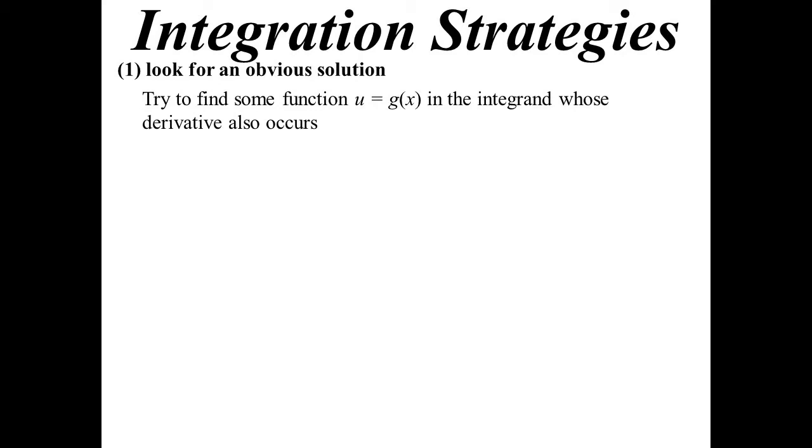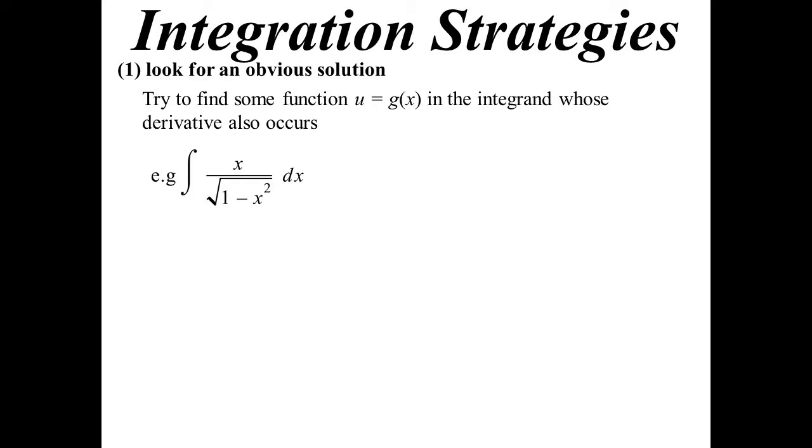So you try and just find some function in the integrand whose derivative also occurs. Let's say in extension 1 they'd probably do something like, let u equal 1 minus x squared. But if you look at it and say, hang on, I can create the derivative on top here and make it derivative times the function to some power and save myself some time.